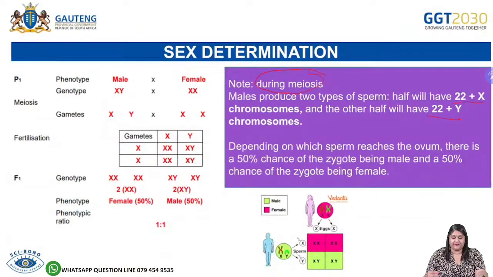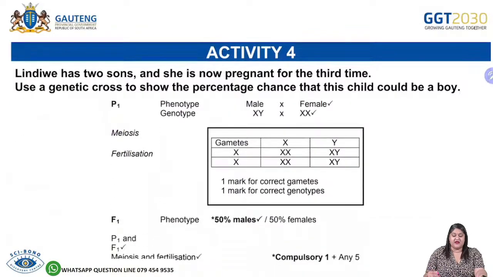Right. So here we have Lindiwe has 2 sons and she is now pregnant for the 3rd time. Use a genetic cross to show the percentage chance that this child could be a boy. Okay, so now basically it's exactly what I did previously. You just do it again, and this is how you're going to prove. And then you need to answer the question.